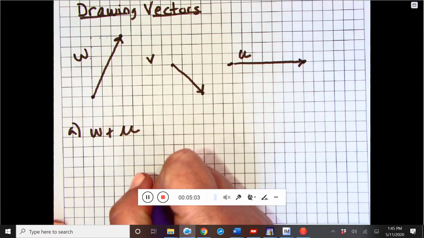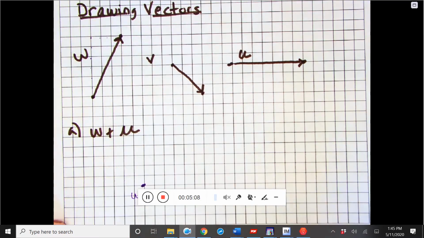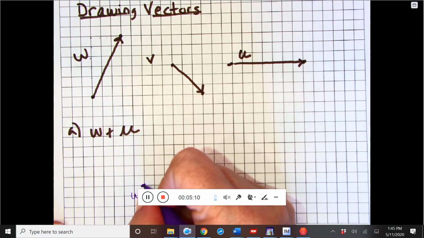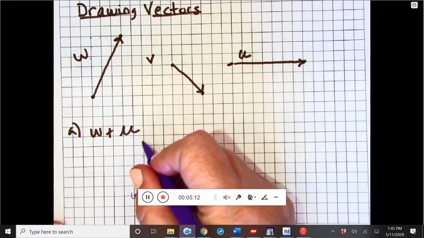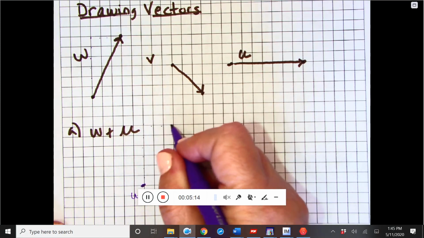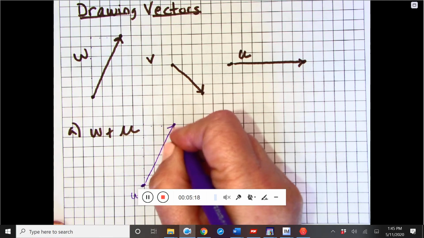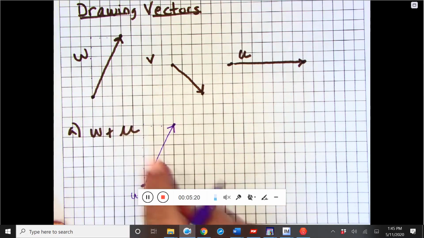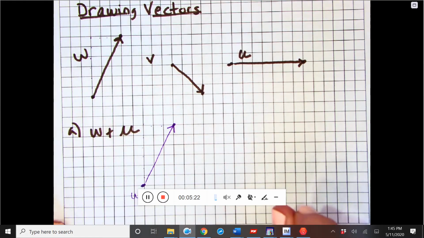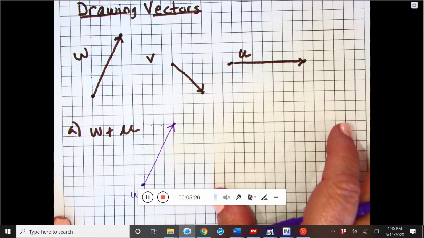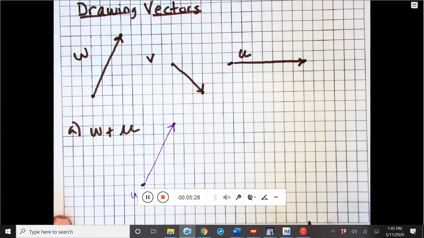I'm going to draw vector W, and it doesn't matter where you start, it's the same vector. So I'm going to rise 6 and run 3, and I've recreated vector W. Those are the same vectors. Even though they're in different positions, they have the same direction and the same length. Now we're going to use something called the tip to tail method.